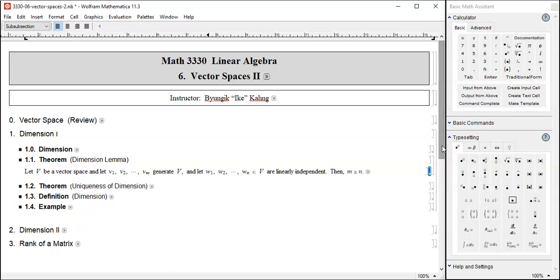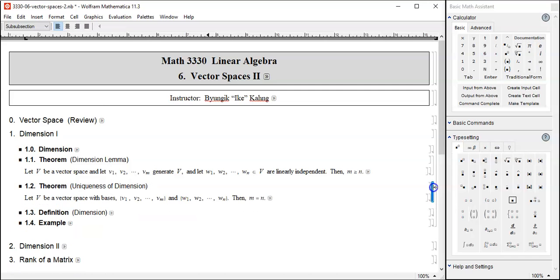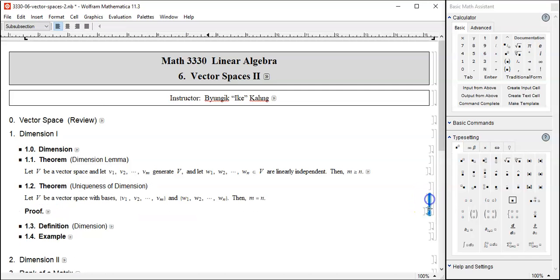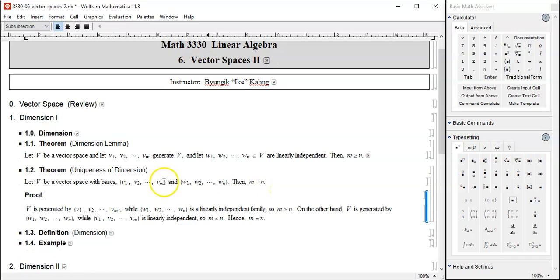And just a short reminder, how did we use this proof? How did we use this dimension lemma? Excuse me, we used it over here. We have two bases, v's and w's, and these generate and those are linearly independent first.